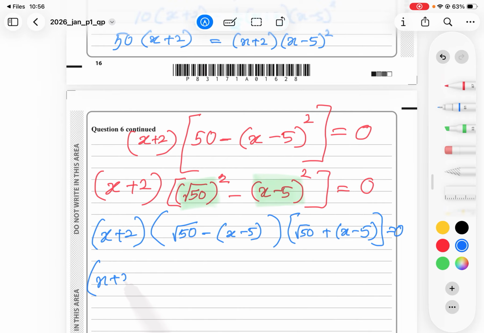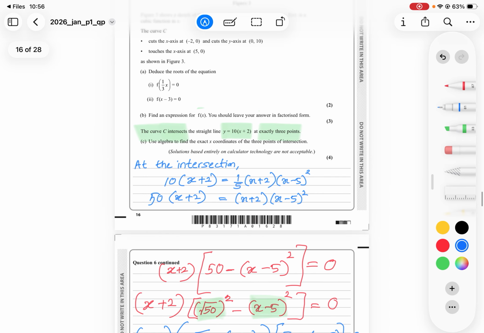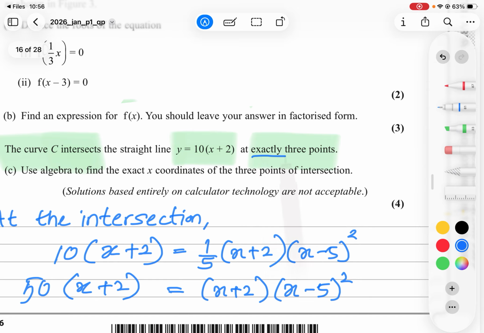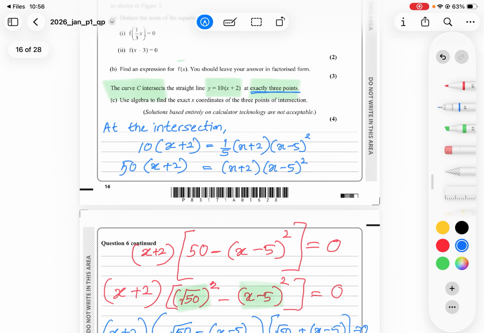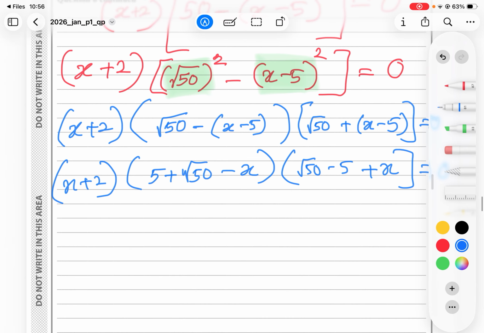So (5 + root 50 - x) and (root 50 - 5 + x) equals 0. As the question said, there are exactly 3 points, and similarly we got 3 solutions. Let's see our solutions now.